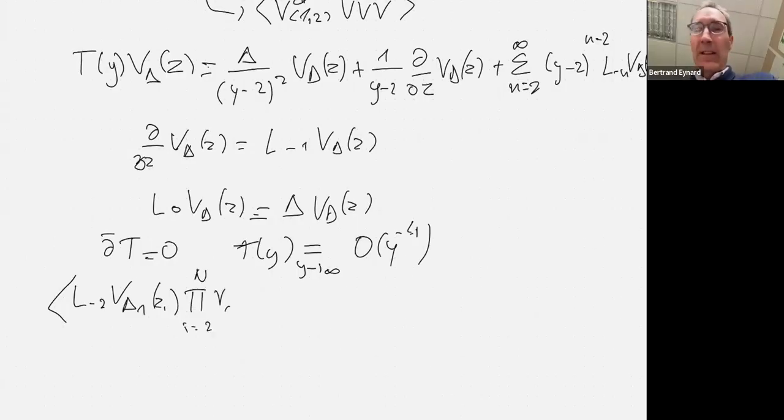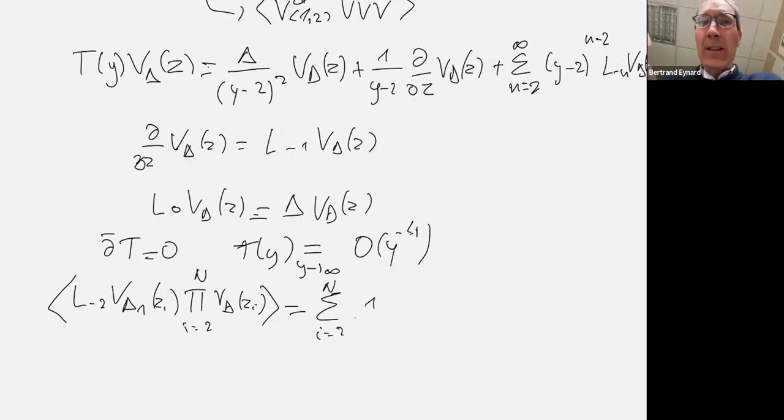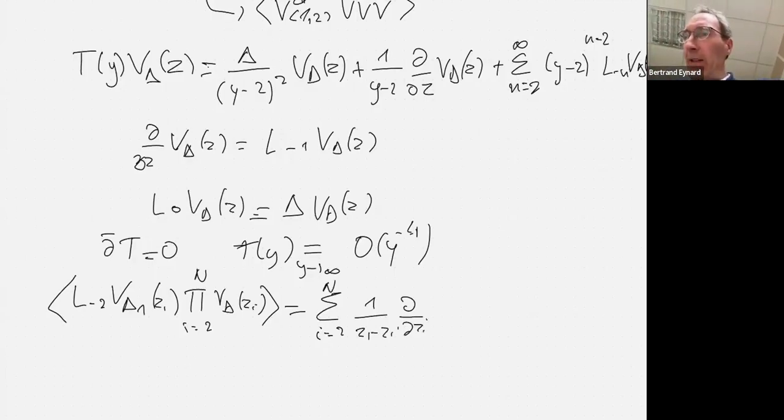Then, as I think you have seen in your course, but maybe in different notations, this is the sum i equals 2 to n of 1 over z1 minus zi, d by dzi, plus delta i over z1 minus zi squared.